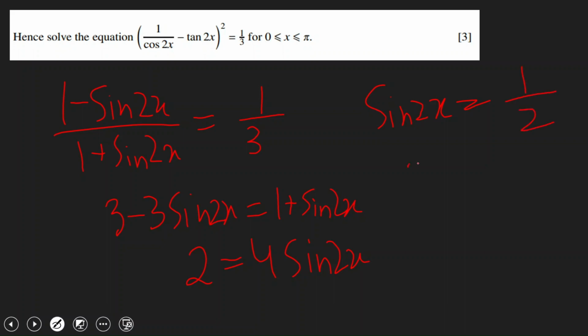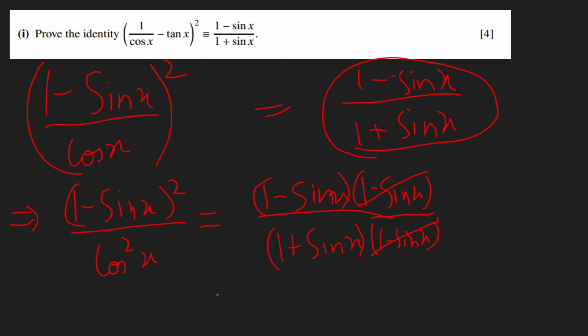All right, so 2x is equal to what? That's going to be 60 degrees. No, that's going to be 30 degrees. And because it's positive and it's the domain of, well, this is in radians, okay? So what I'm going to do is write that as pi by 6 instead. Yeah, so sorry.